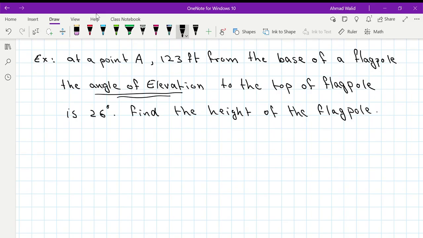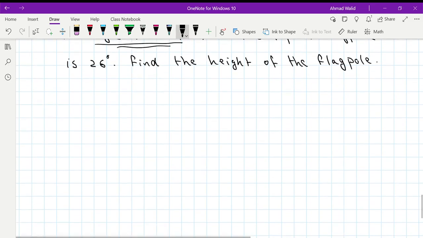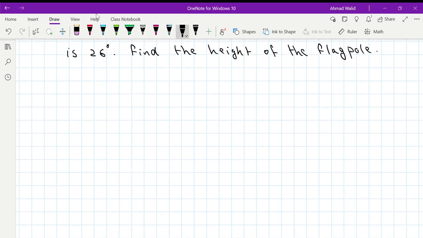Okay, let's draw. Definitely, I have a flagpole. I'm trying to draw here for you a nice flagpole. I can double line it to show it as a pole for you. And here, maybe we have a flag. This is your flagpole.